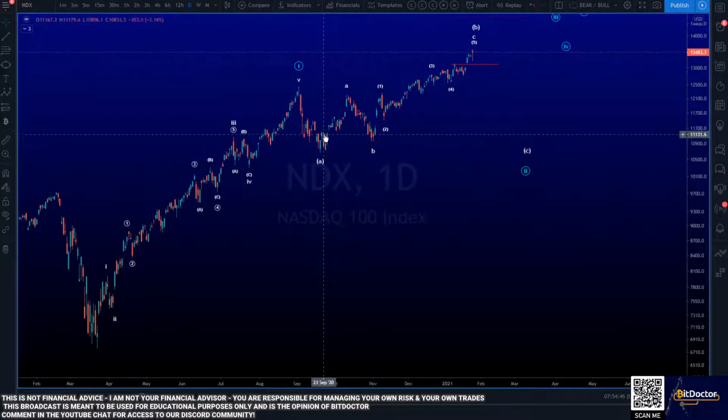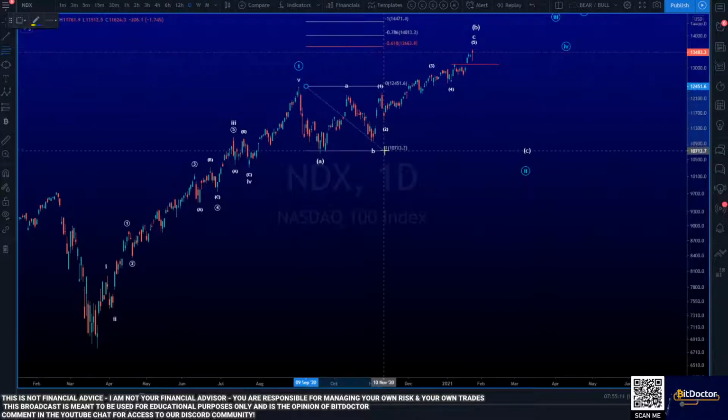So you can count this as a 1, 2, 3, 4, 5 into the A, and then we've got this pullback here on the B, 1, 2, 3, 4, working on the 5. Maybe it's in. We're going to have to wait and see what the next few days show us. But my pullback target for an expanded flat, and again, let's go ahead and measure this guy from the top to the bottom.